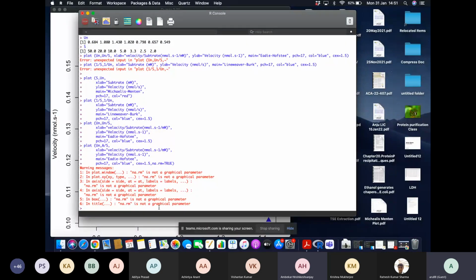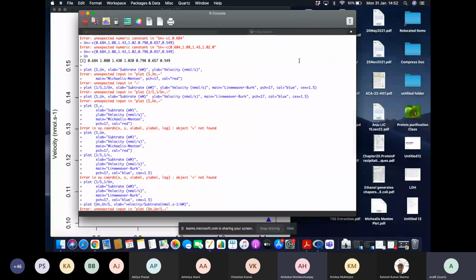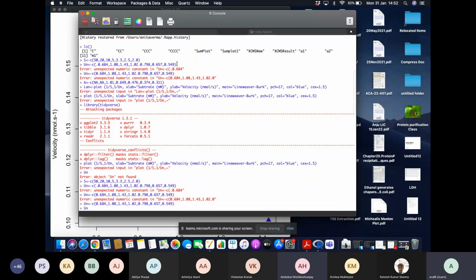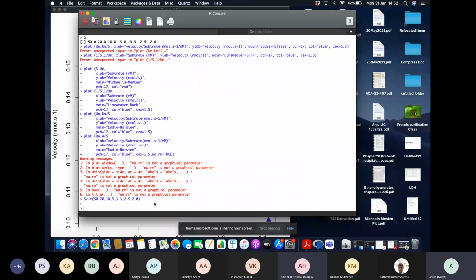I am simply putting the values in the x column, and now I am using the uninhibited data for this. So these are the data for uninhibited. I am using this again, going back, command V, enter.